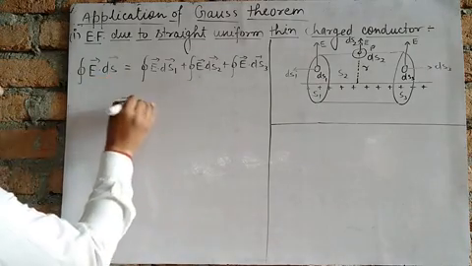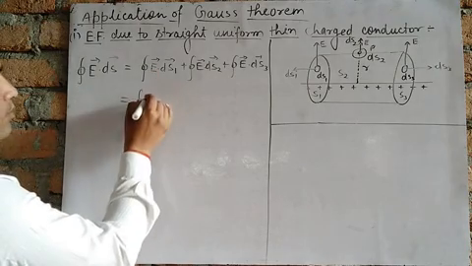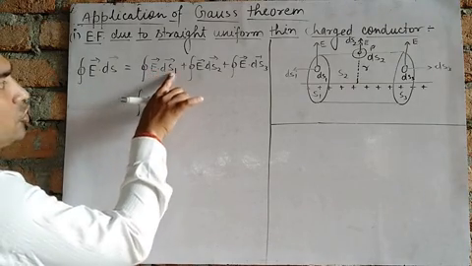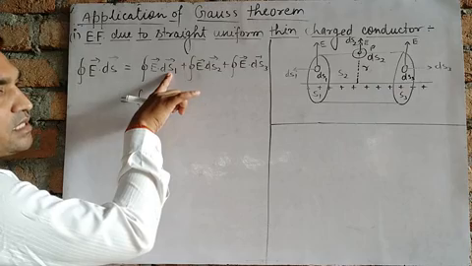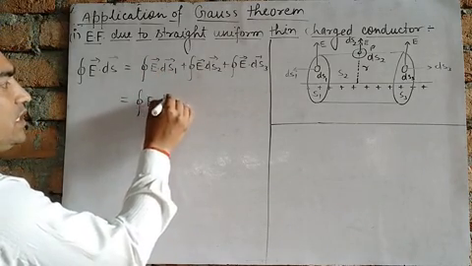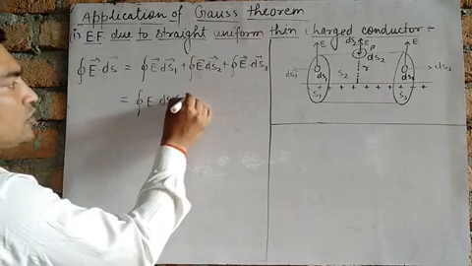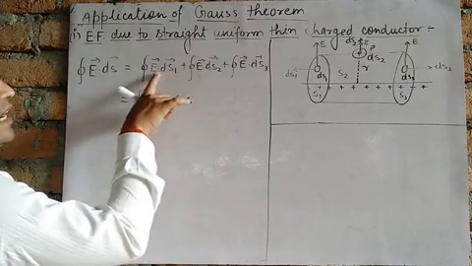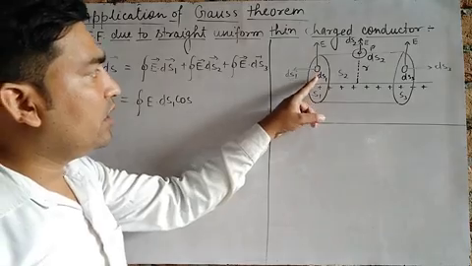Now let us break this down. A dot B is AB cos theta. That means the first term is E ds1 cos of the angle between E and ds1.